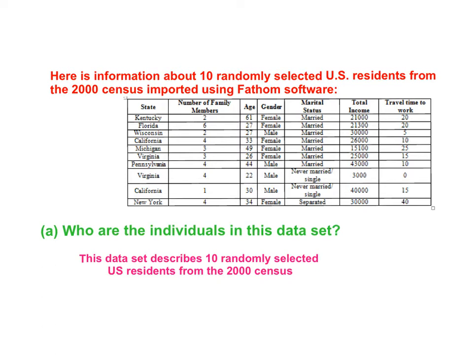All right, here's a big set of data just on some census information. The individuals are the 10 residents. Those are the people that were included. All the information in here is about them.